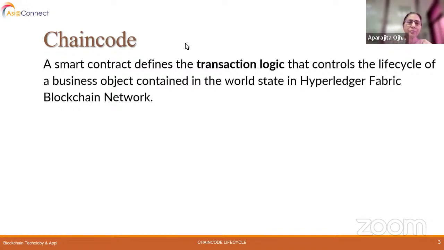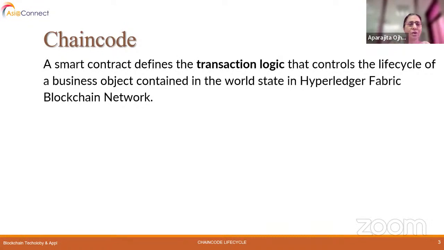Accordingly, every smart contract defines the transaction logic and the life cycle of every business object. If it is, for example, the medicine to be provided to a patient, it has a life cycle. The medicines are generally provided for, say, 1 week, 2 weeks, 1 month. So it has a life cycle, and accordingly, how these are managed.